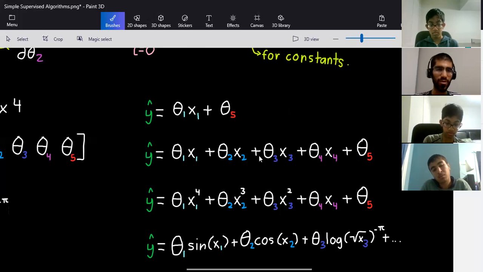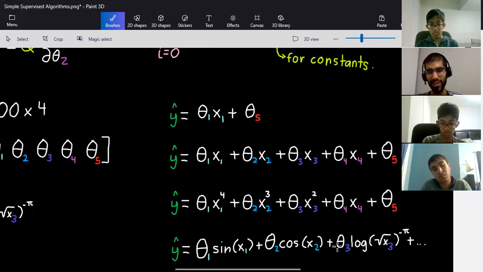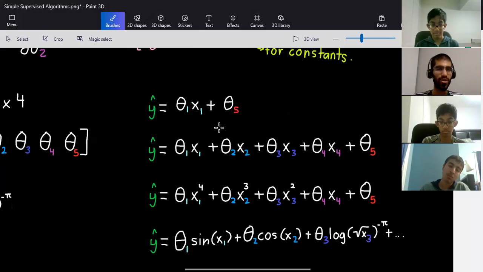I'm showing you the math. Go try coding it out, go make it like, oh, theta 3 log of the square root of the third feature raised to the negative pi. You'll figure out, oh, how do I actually get the value of pi in Python? Maybe that's something you don't know yet. So just go crazy for now. And on Monday, we'll talk about when do you actually use one equation versus the other. Cool?